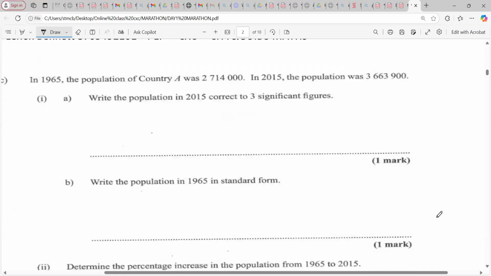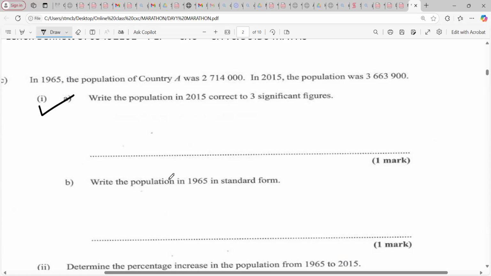All right. This one says, in 1965, the population of country A was 2,714,000. In 2015, the population was that. The population in 2015 correct to three significant figures, we just did. So we did this already.